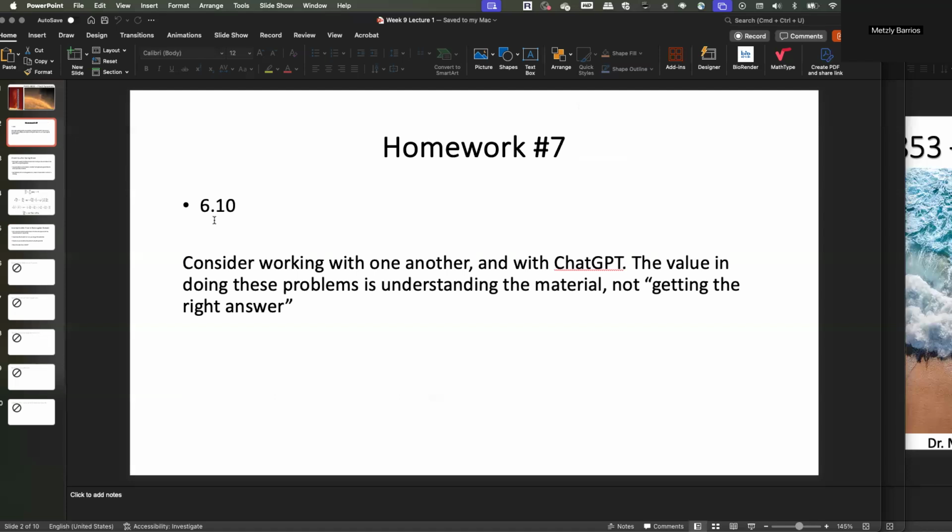I believe 6.10 is the driven cavity. Yeah. So you're going to use this stream function and velocity to solve this problem. So if you want to get started on it right away, you're welcome to. I can make this live and just update the numbers, right? Just so that you're not doing it 2 weeks after having seen it.